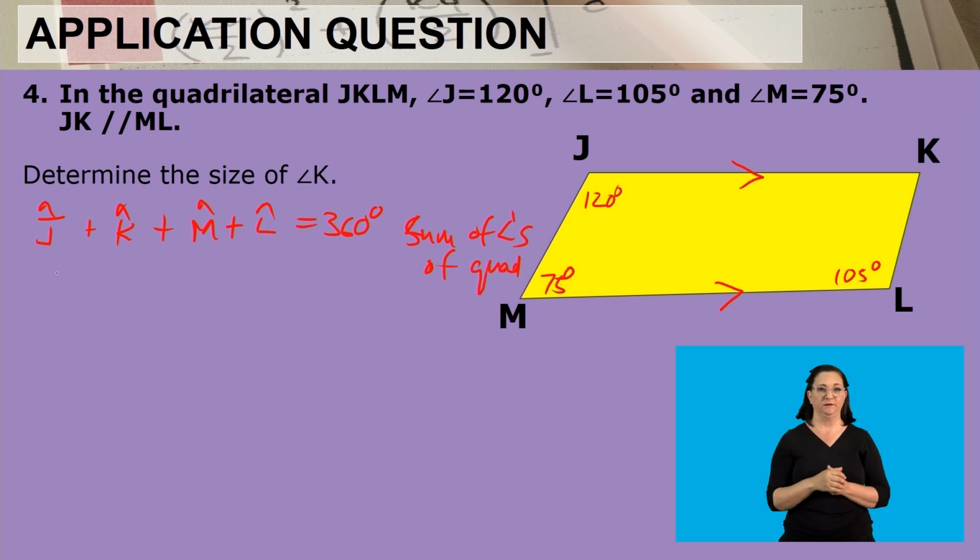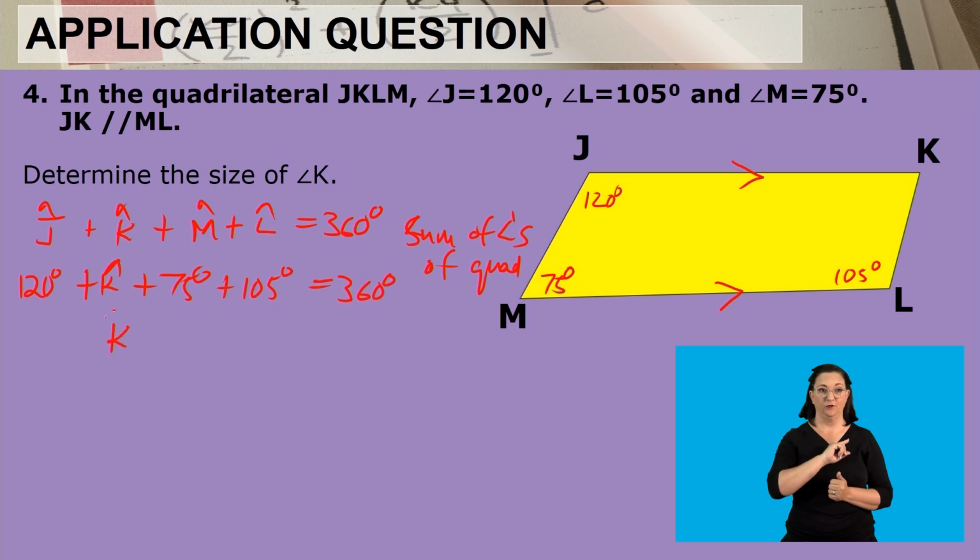We only know that J is 120, K is what we are looking for, M is 75 degrees and angle L is 105 degrees, and they should give us 360.